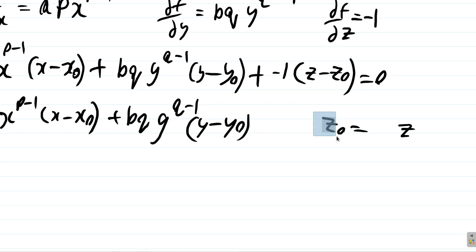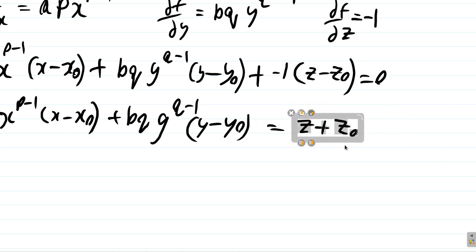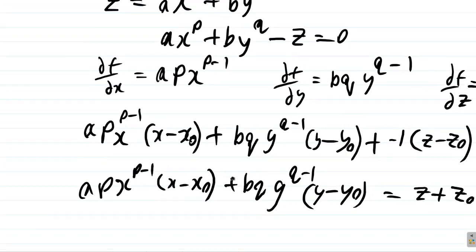When you add z naught to both sides, the equal sign is still there. So you have z plus z naught. Alright. So let's move these things closer to here. Now what do you have?